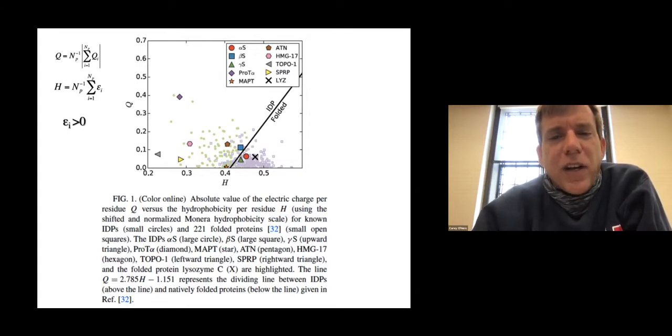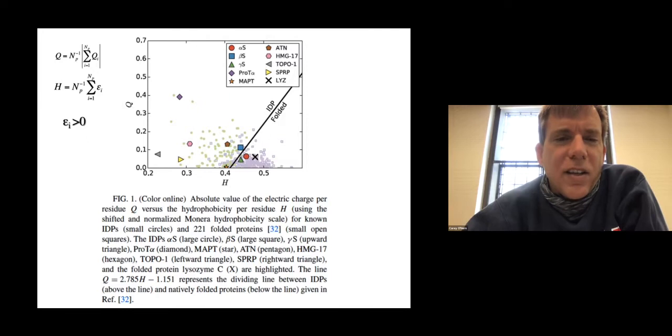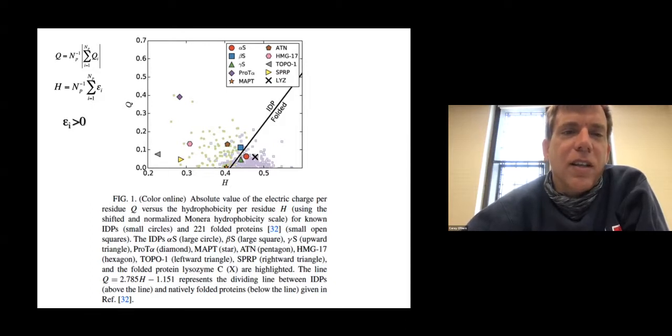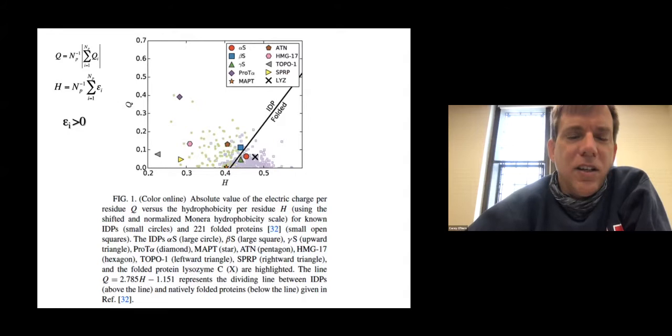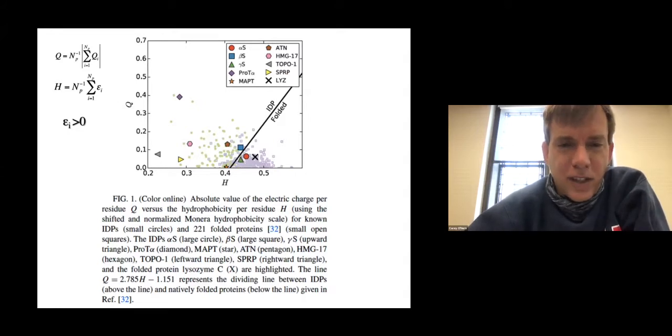You can think of hydrophobicity as the likelihood that a particular residue is going to be in the core of a folded protein. For example, an alanine or a leucine has a very high hydrophobicity. They're very frequently found in the core, whereas the charged residues like lysine and arginine have low hydrophobicities.